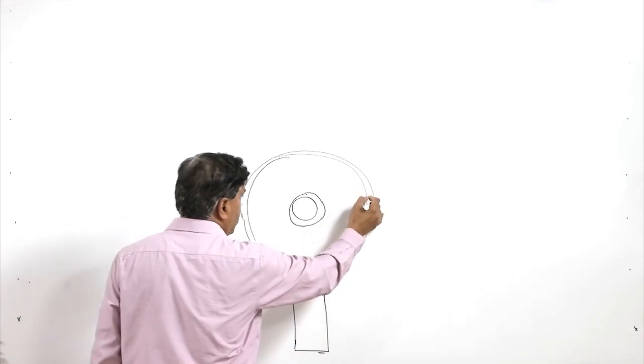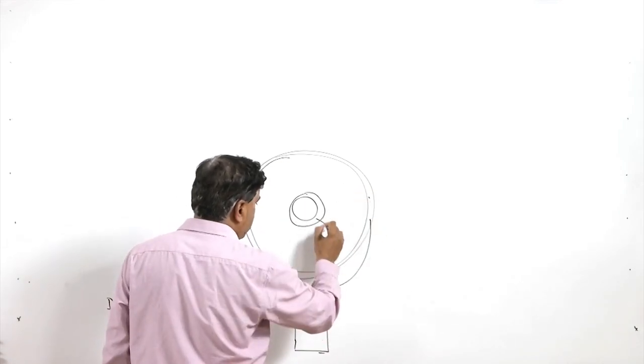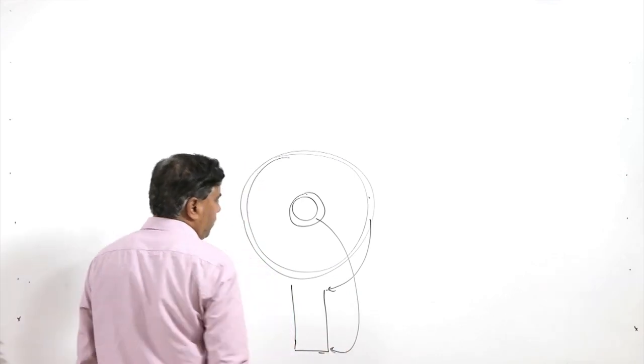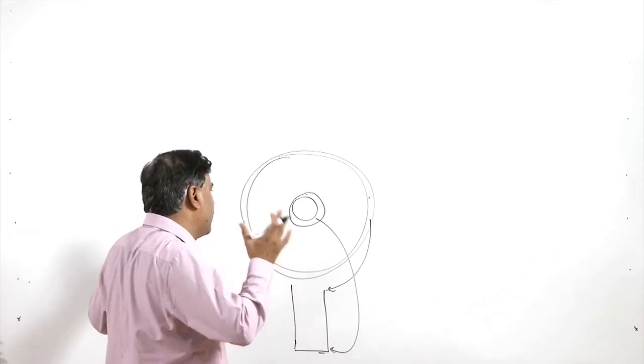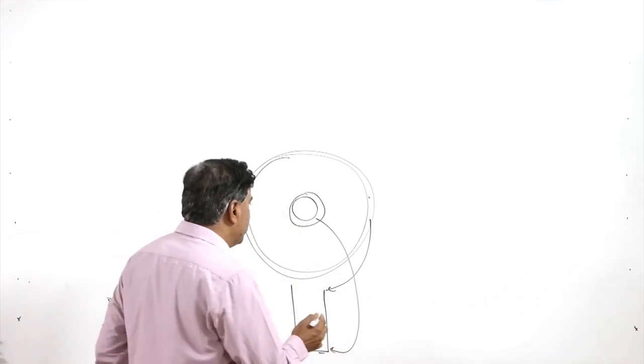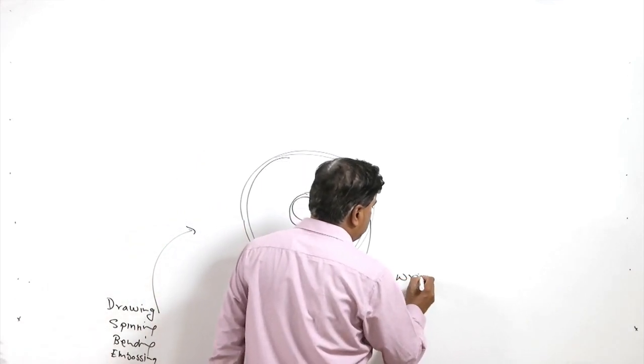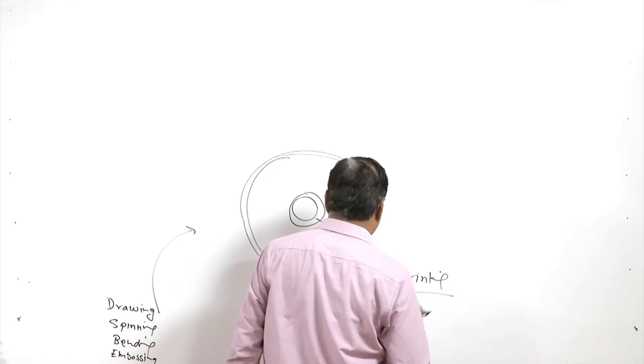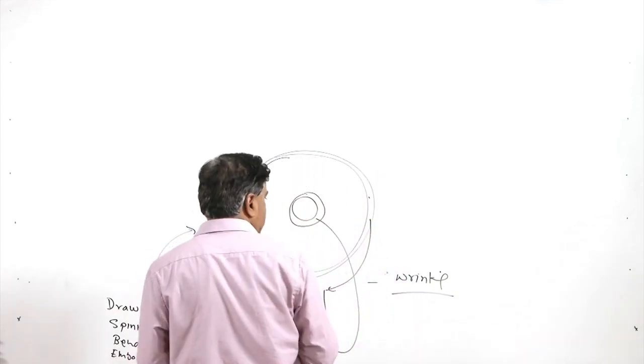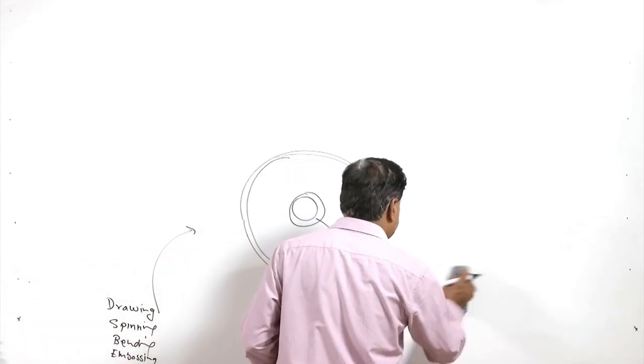This will be the region corresponding to the top and this will be the region corresponding to the bottom. Since a lot of material is involved at the top, it leads to the wrinkling effect. These wrinkles sometimes disturb the shape of the cup shaped products.